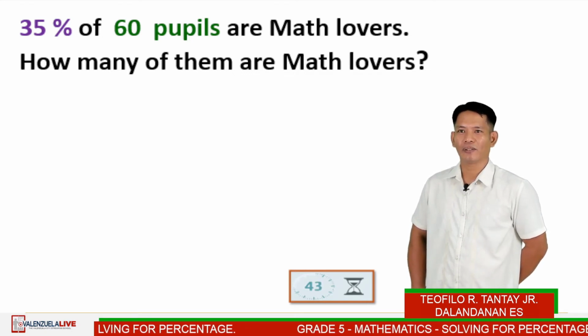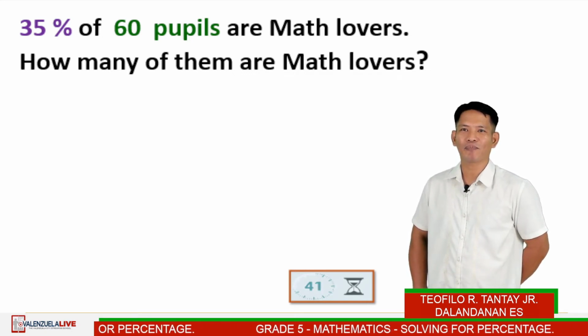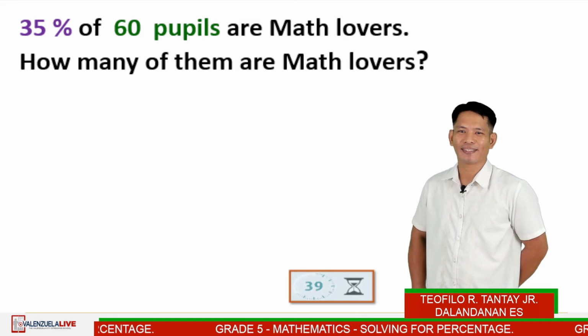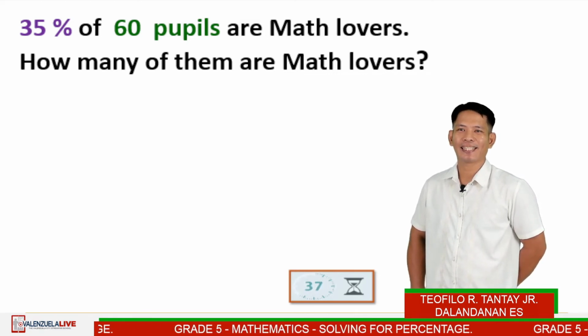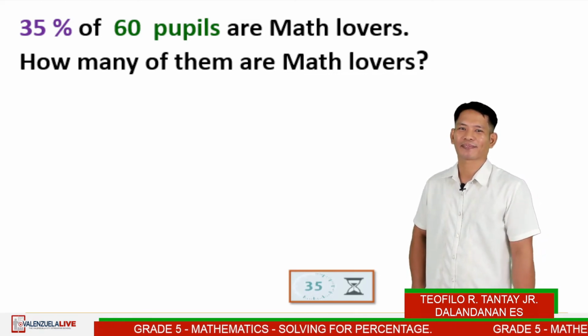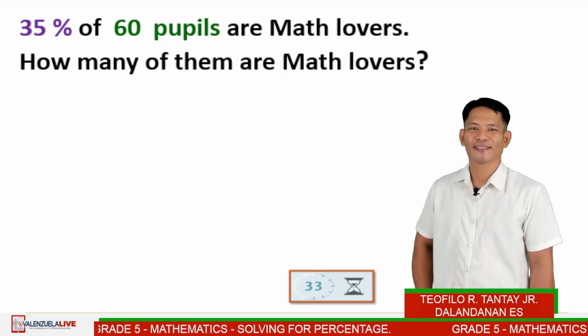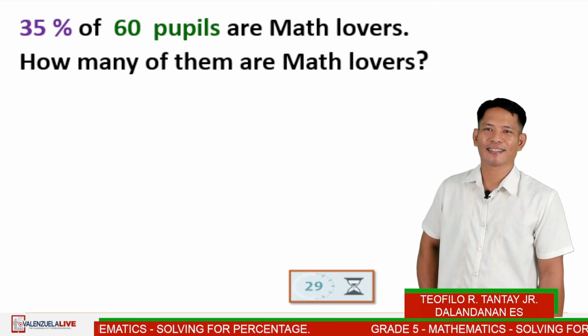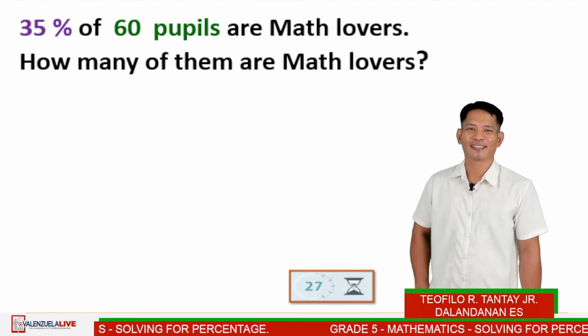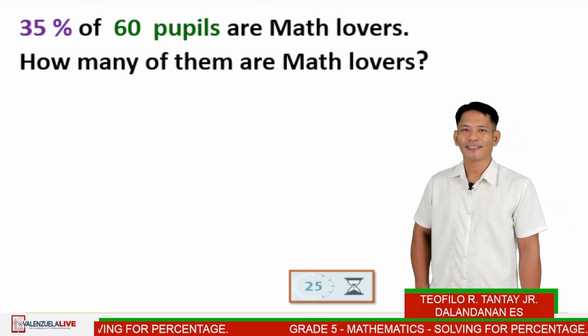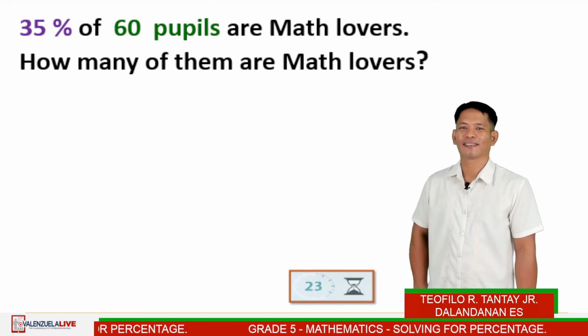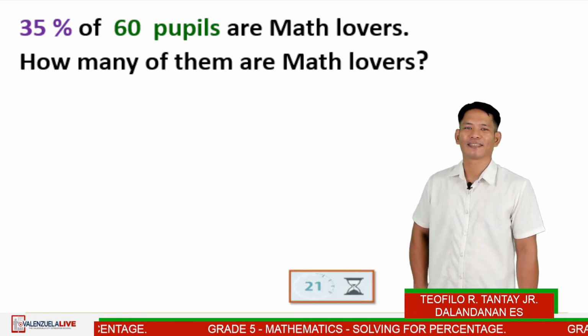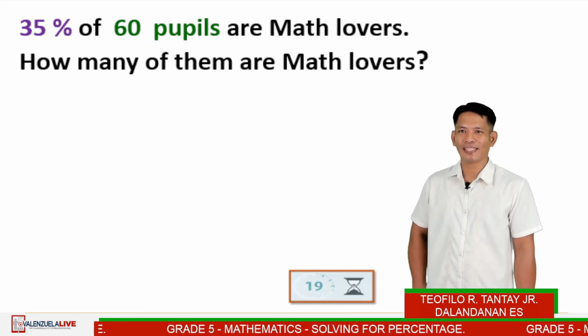Okay, you need to convert first 35% to decimal number, which is 0.35. 20 seconds.